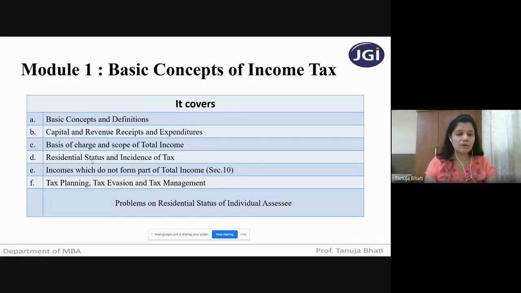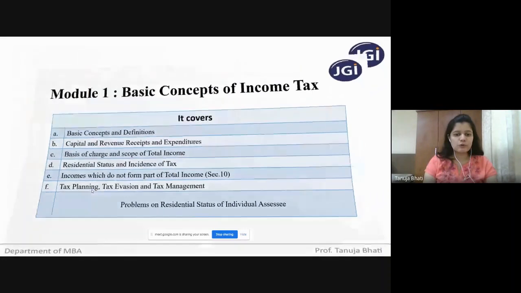We will see the different types of persons and who is an individual in the succeeding slides. But remember, in this module you have complete theory and problems only on point D. The rest of the entire chapter is theory related. So let us move ahead.